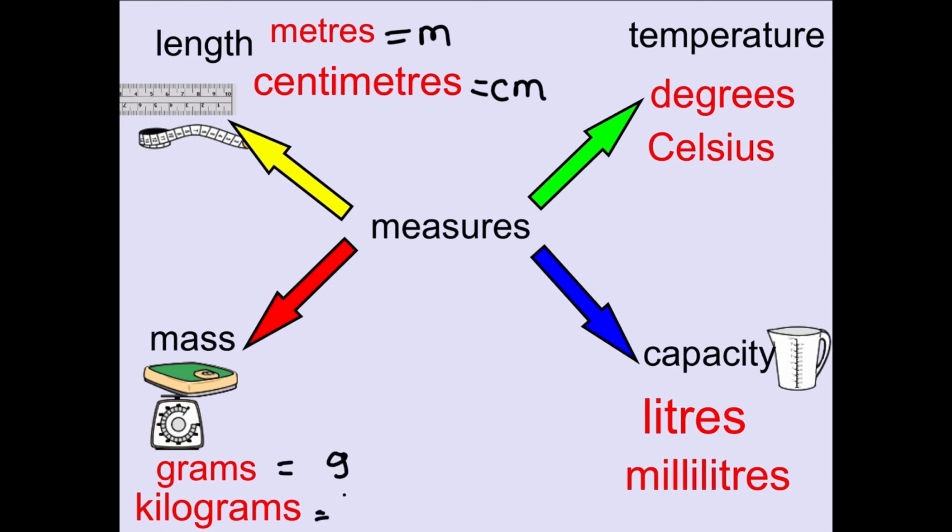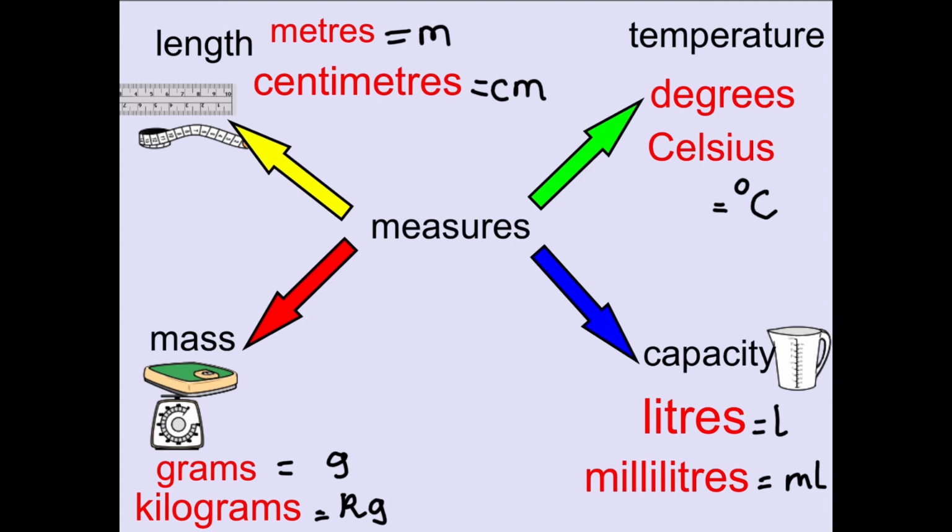And kilograms is a kg. And then we've got litres equals L. Just move that one across a bit. And millilitres equals ML. Now degrees Celsius is like a little circle and then a C.